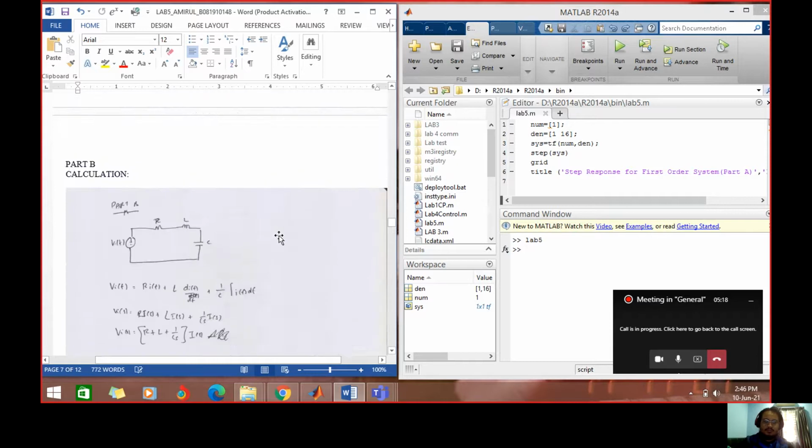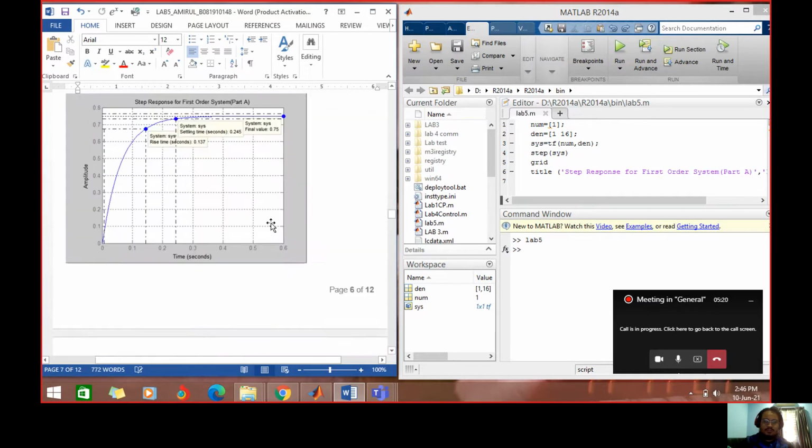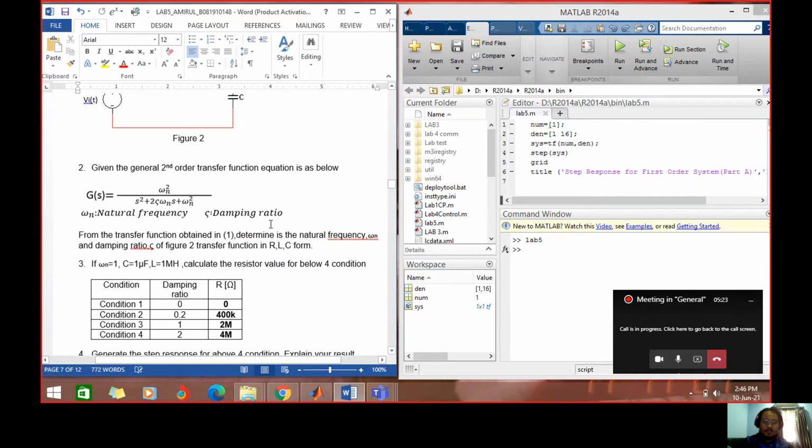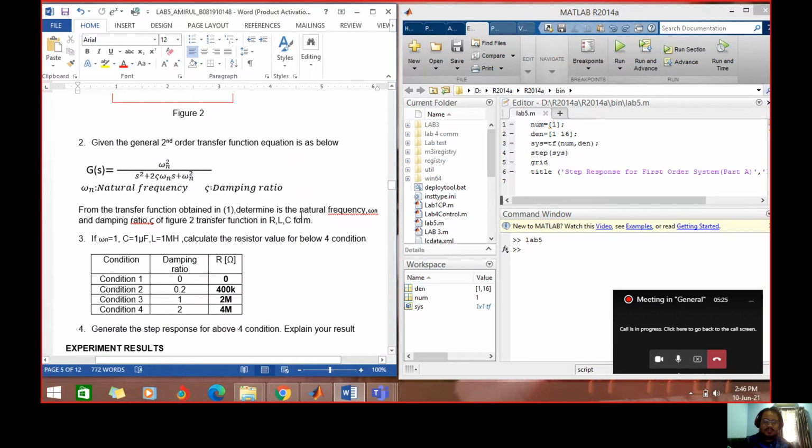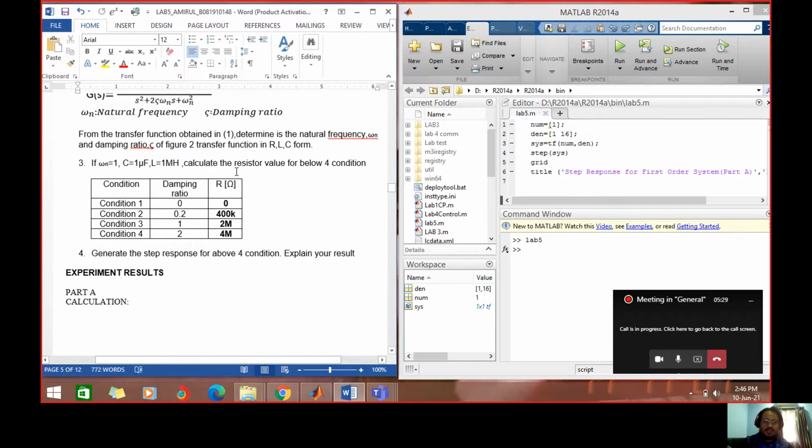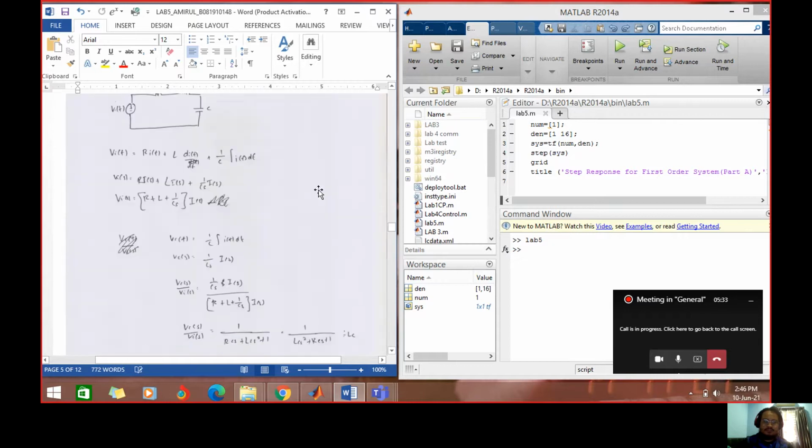After that, we need to insert the general value to get the natural frequency and damping ratio.